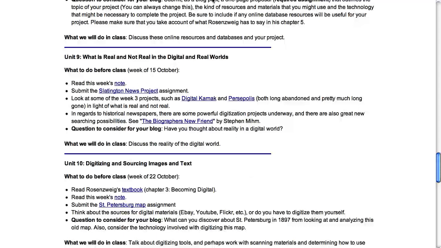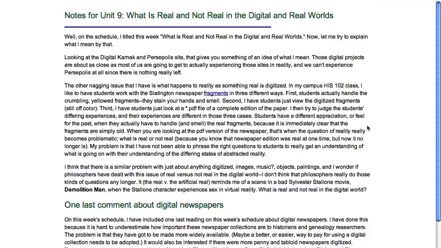Let's take a look at this week's note, and what prompts this week's reflection is my trying to get a grasp on what happens to an object when you digitize it. And so our case study here is with these fragments of the newspaper that I have from 1907.